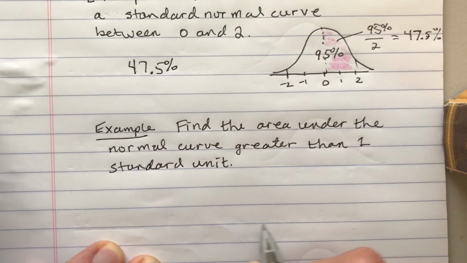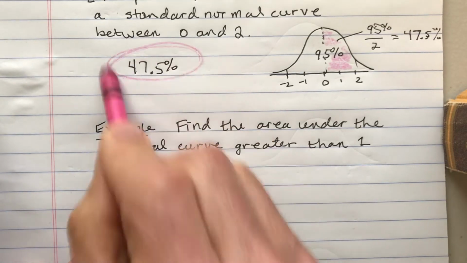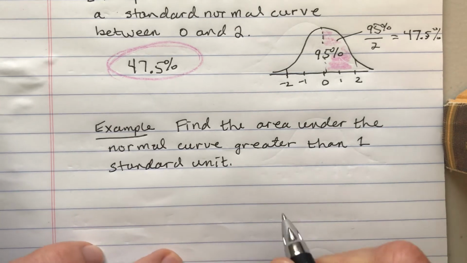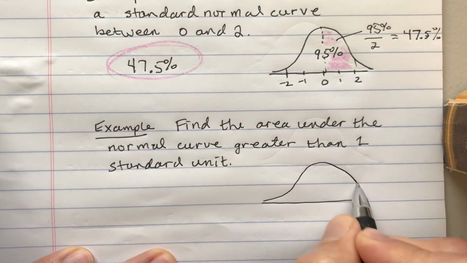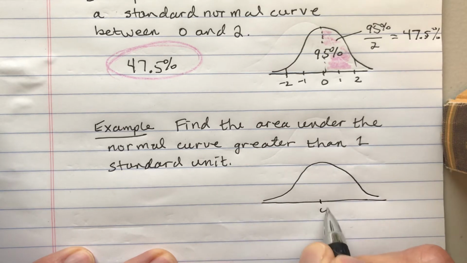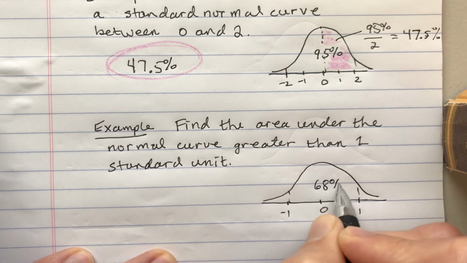Okay, so by the way, maybe I'll just circle that answer up there. Okay, so I'm looking at 1 standard unit, and so I'm going to put that into context of the empirical rule, where here's 0, here's -1, and here's 1, and I'm going to label that 68%.